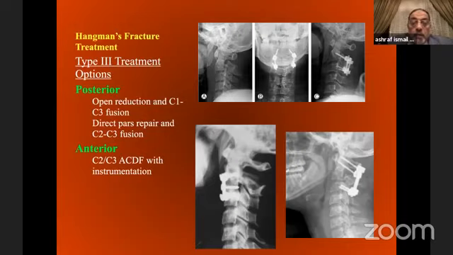Grafting and anterior plating at C1, C2, C3 is challenging because of the lower cranial nerves, and because the angle of the mandible hinders the technique of fixation, especially of the upper screws.